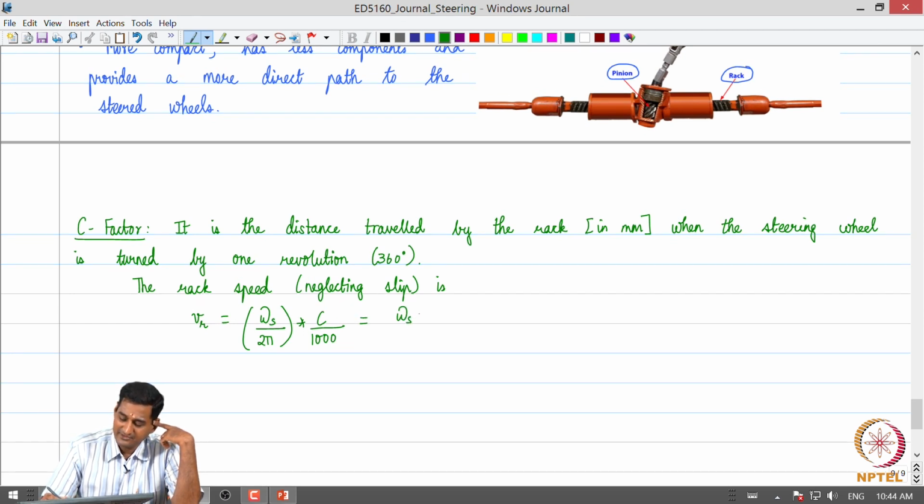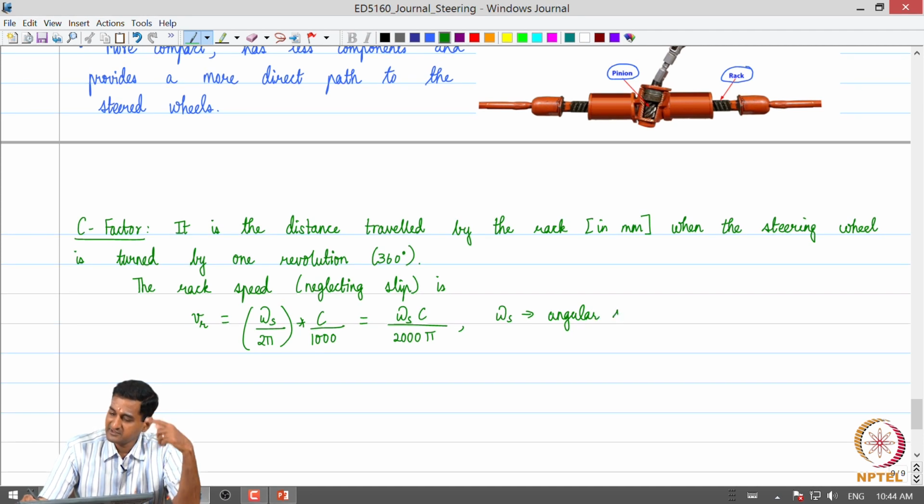This is how it is typically written. You will find that the equation for calculating the rack speed is typically written in this manner, with units. Omega s is the angular speed in radians per second of the pinion.